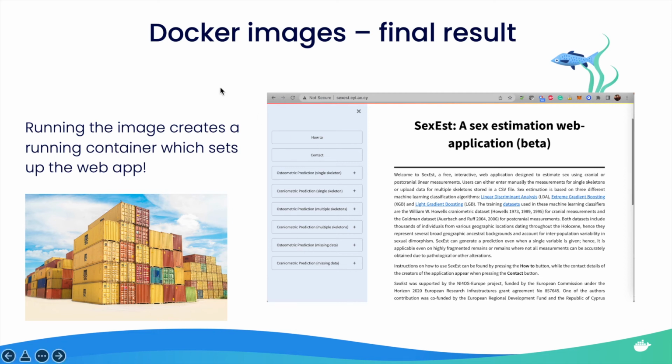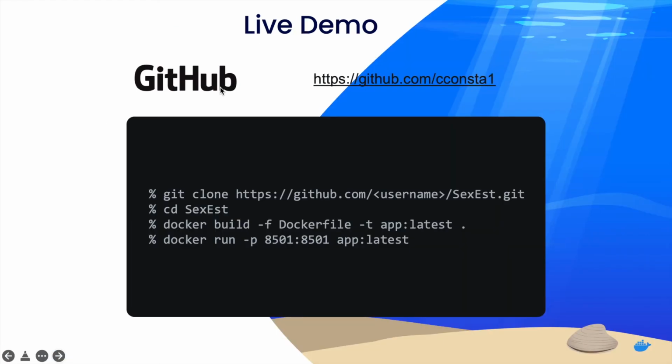And in the final part of the video, I actually want to walk you through how to clone my repository from GitHub onto your local machine, build the container, and run it so that you have a web application up and running onto your local machine.